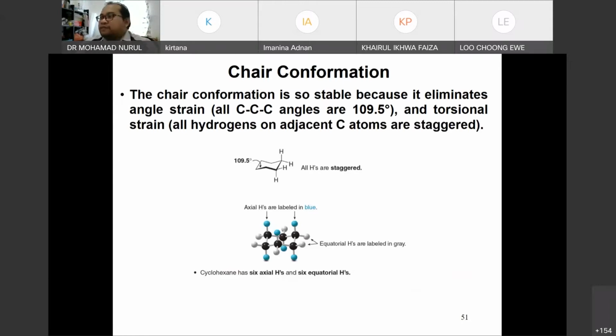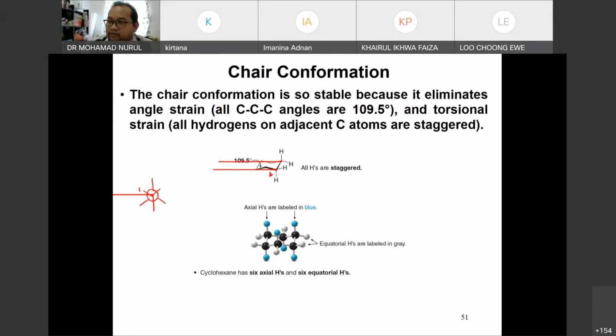That's why they are formed in the chair conformer. Okay, if you see clearly, all the hydrogens are on staggered positions, right? For example, like this and like this, you can see from this side. So this one is in front, this one is in the back.